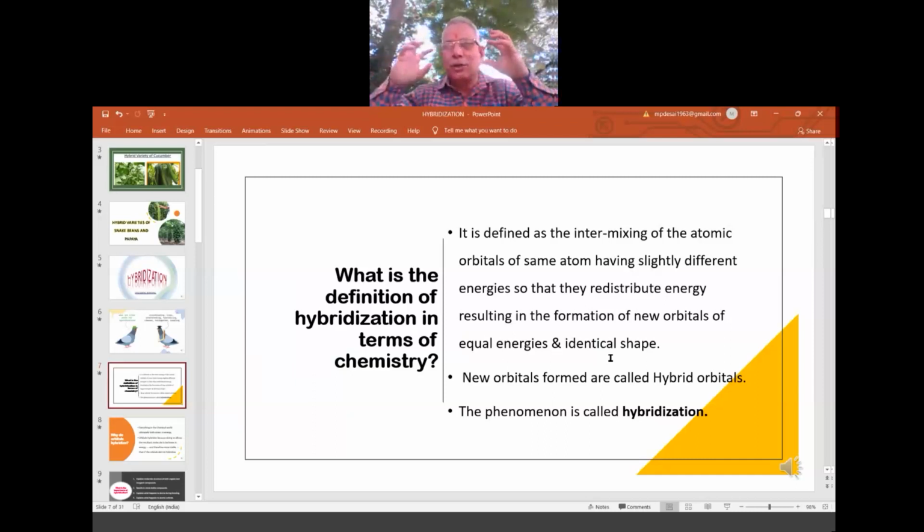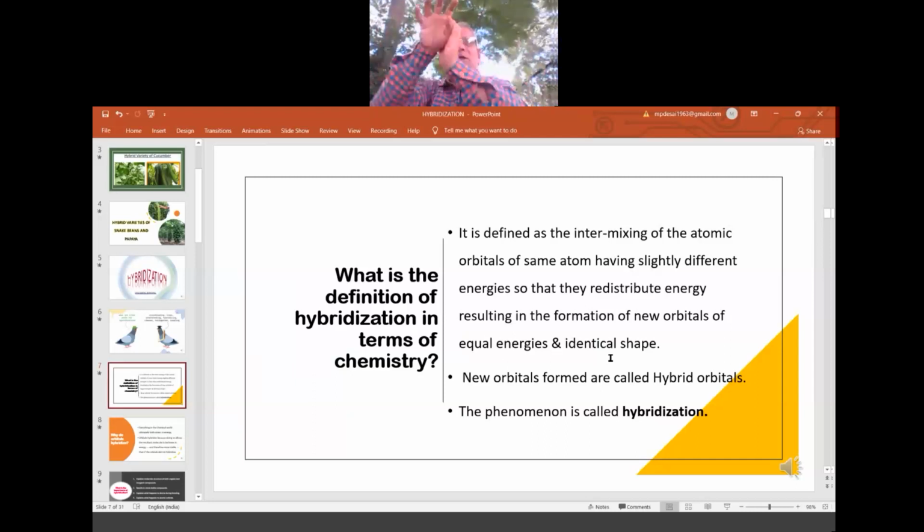So 2 or more atomic orbitals of the same or at least similar energy come and mix, and their energies mix. That means they go for a redistribution of energy, because ultimately in nature the total energy remains constant. Earlier we had mixing orbitals with different energies.